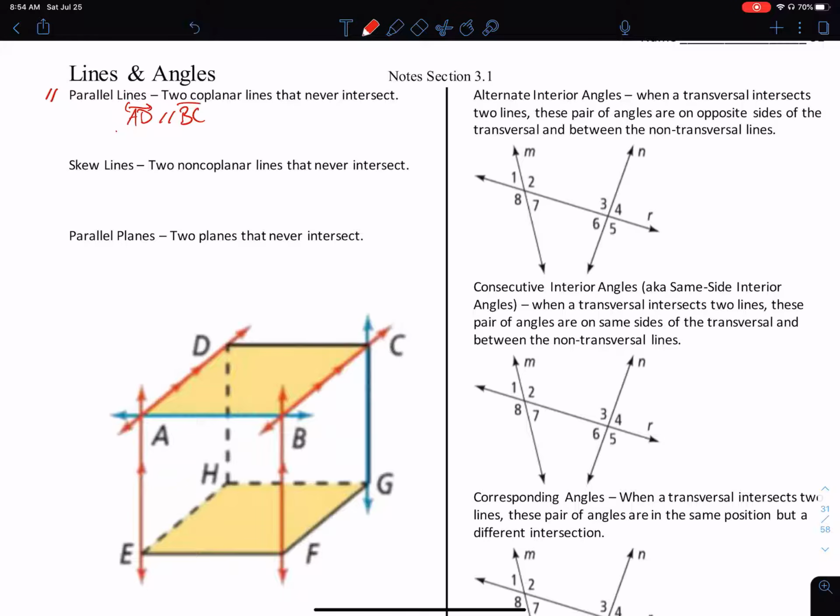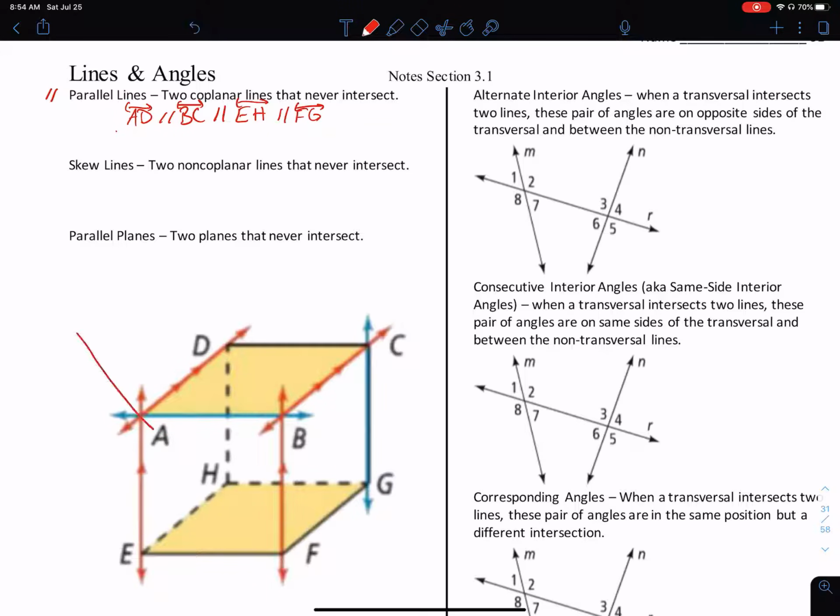Now it's true that all four of those lines aren't in the same plane. But if you take any pair of lines that I named, you could draw a plane that's through them. Some students think, well, how could there be a plane that goes through AD and FG?